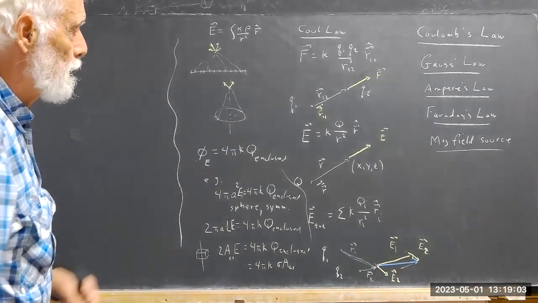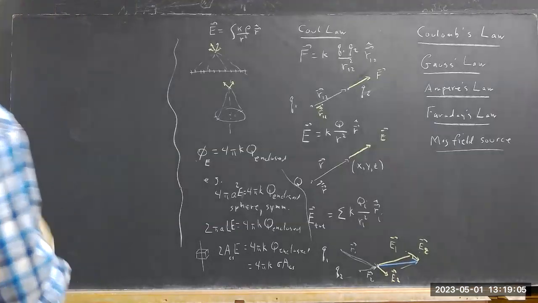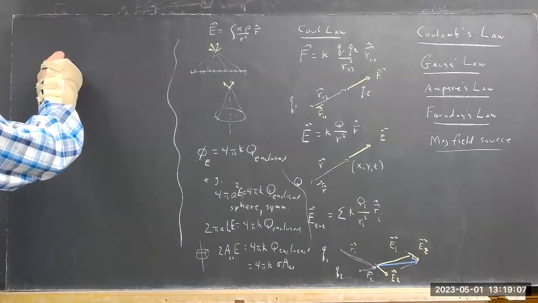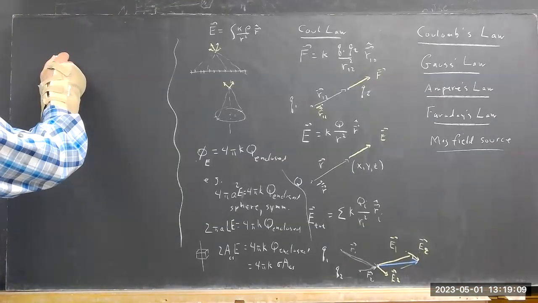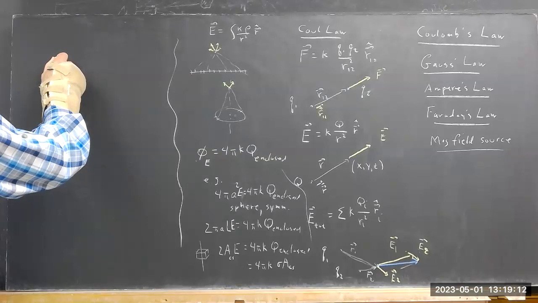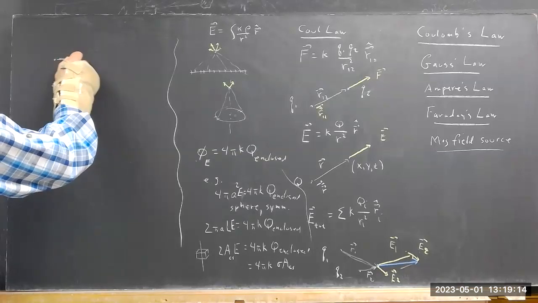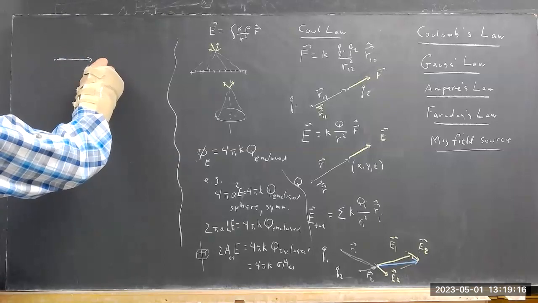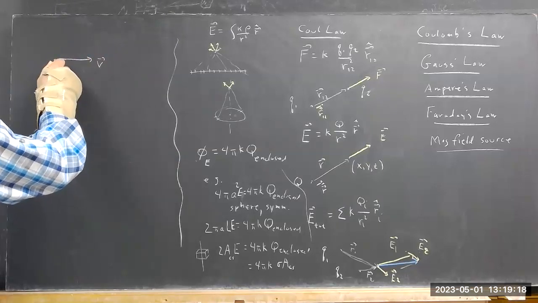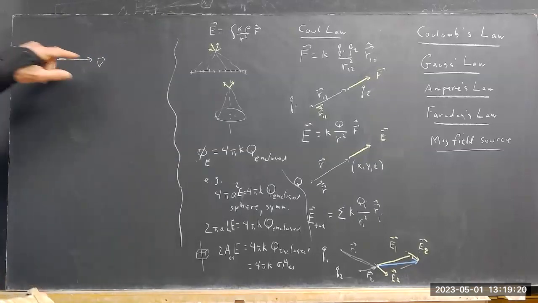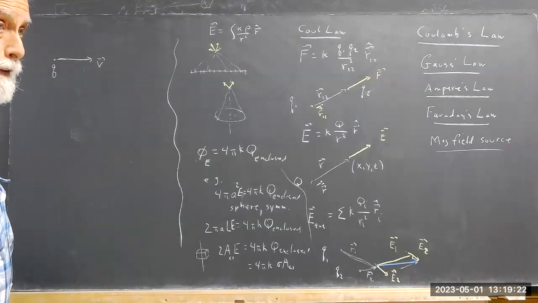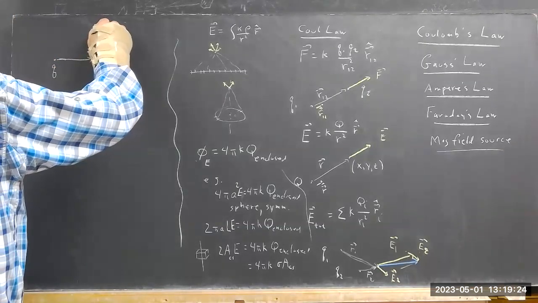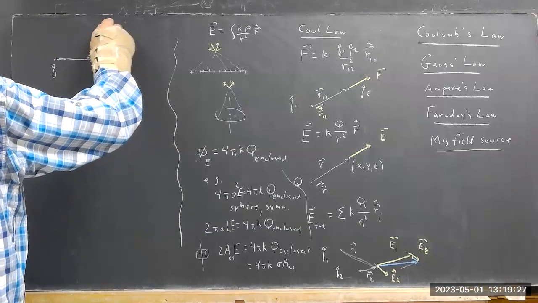So we probably actually want to start with a source of a magnetic field. Charge Q, moving at velocity V, electric field out here.